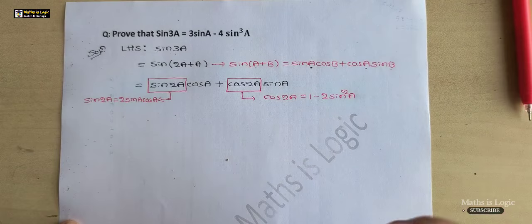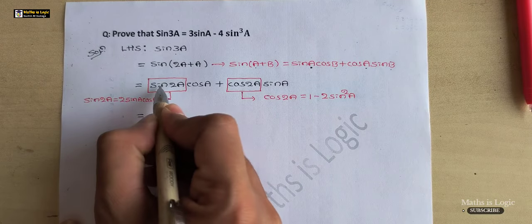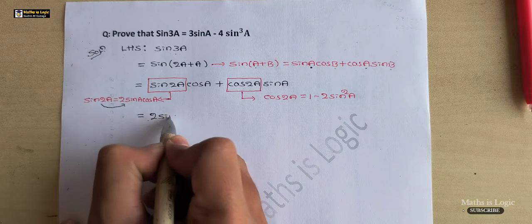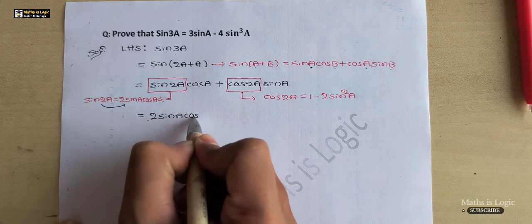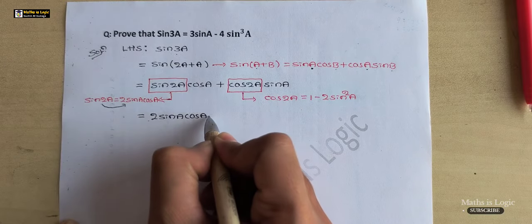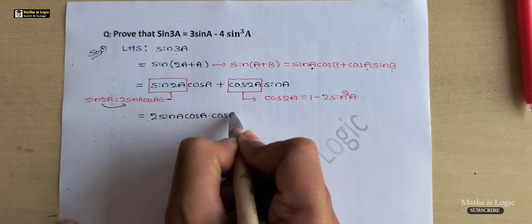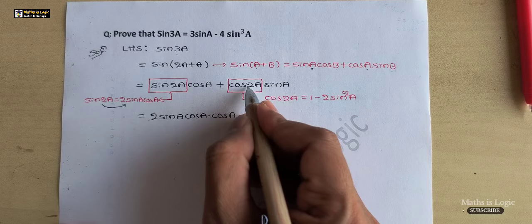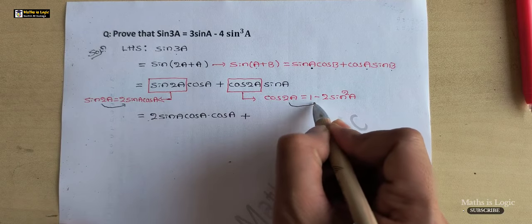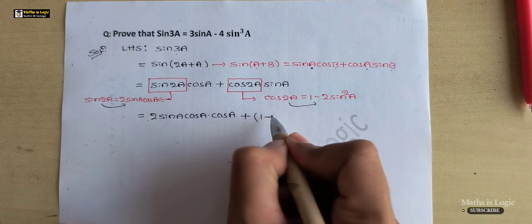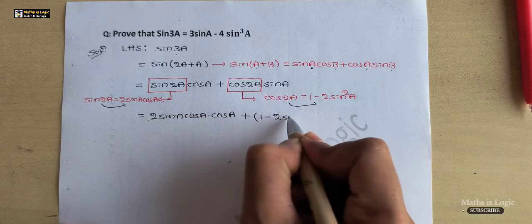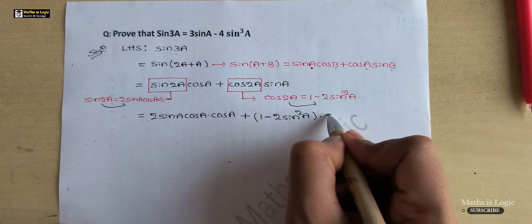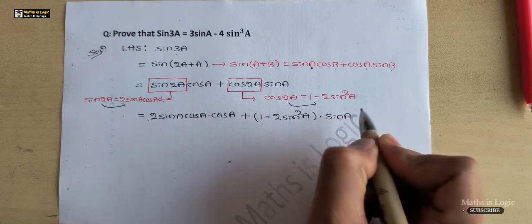Now replace: sine 2A is 2 times sine A into cos A, and this cos A I am going to keep as it is. Next, plus cos 2A, which is in brackets 1 minus 2 times sine square A, into this sine A, which I keep as it is.